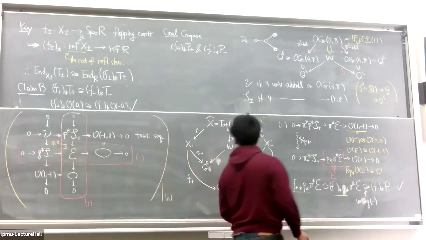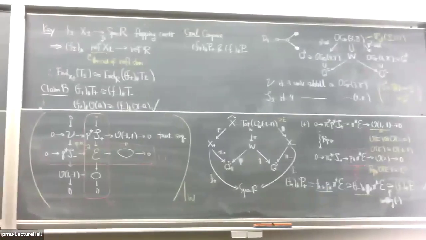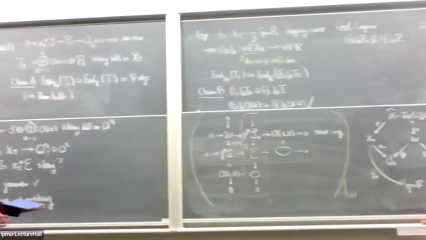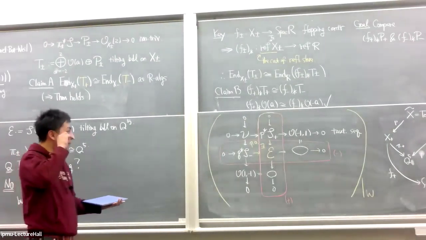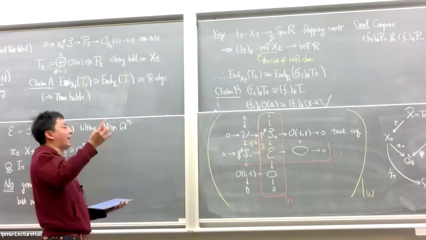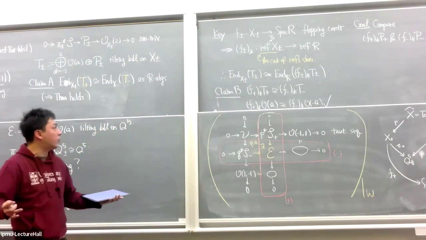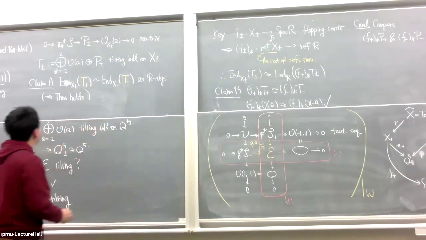And what I want to say is, if you consider some space of a vector bundle which is Caribbean, if you want to construct some tilting bundle by pulling back a tilting bundle on the base, you may need non-trivial extension.